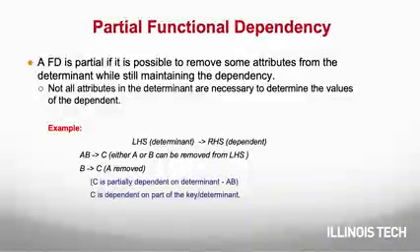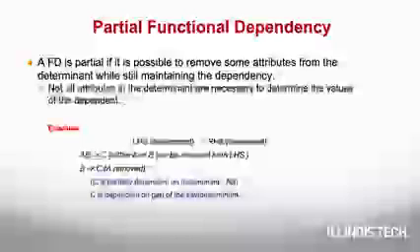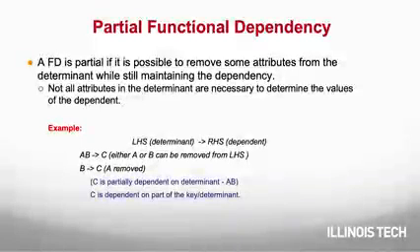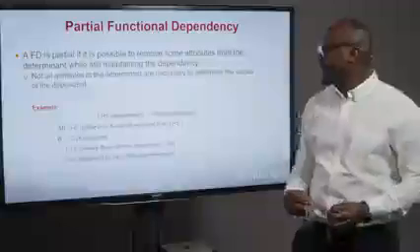Partial functional dependency. A functional dependency is considered partial if it is possible to remove some of the attributes from the determinant while still maintaining the functional dependency. That means not all attributes in the determinant are actually required to determine the values of the dependent.